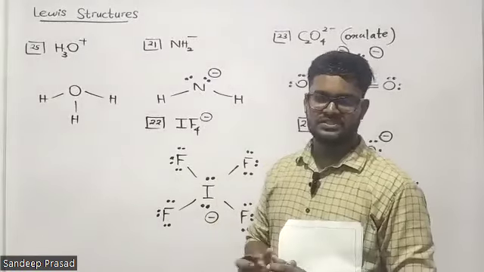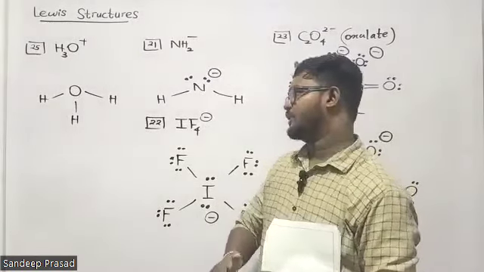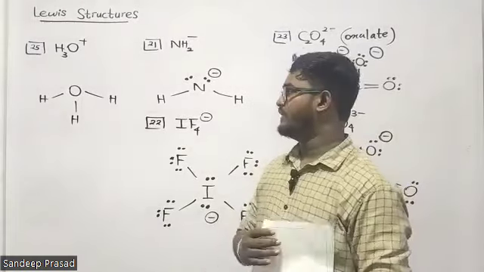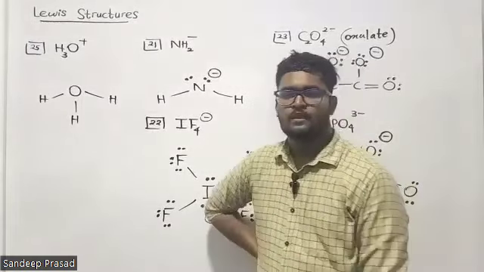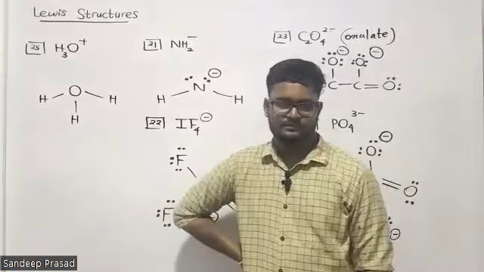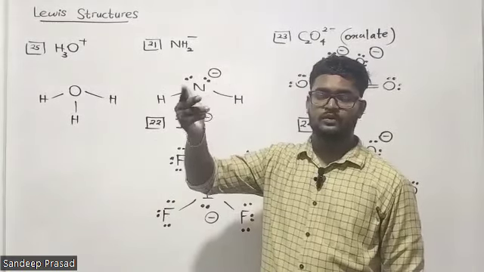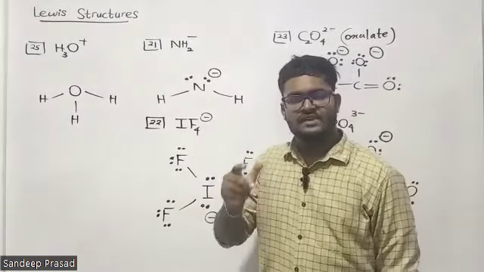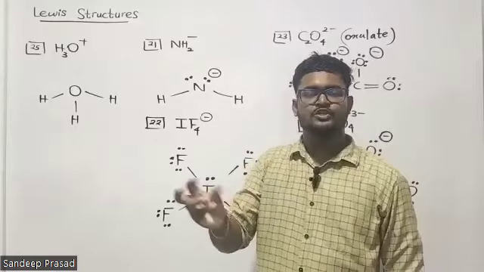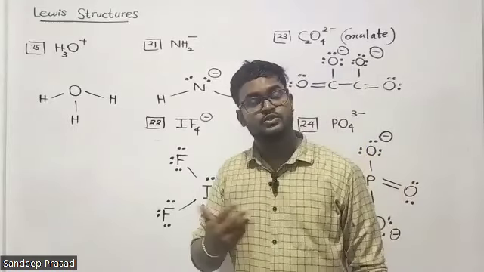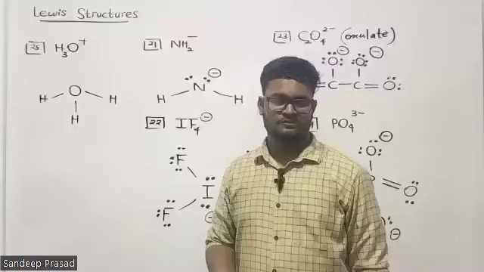Now see this one. This molecule is exceptional. Now we have a positive charge. Oxygen is the negative atom here. Hydrogen's electronegativity is 2.1, oxygen is 3.5. Then we are expecting that this positive charge belongs to hydrogen. But that's not what happened, right?